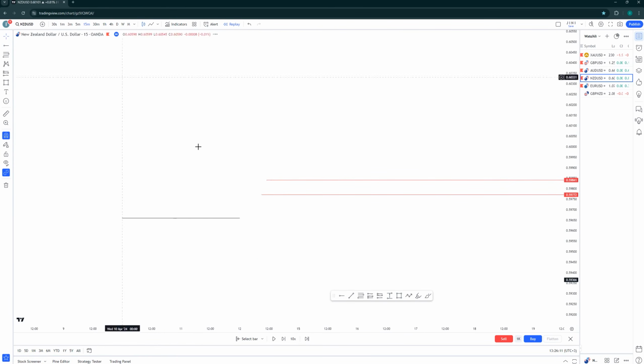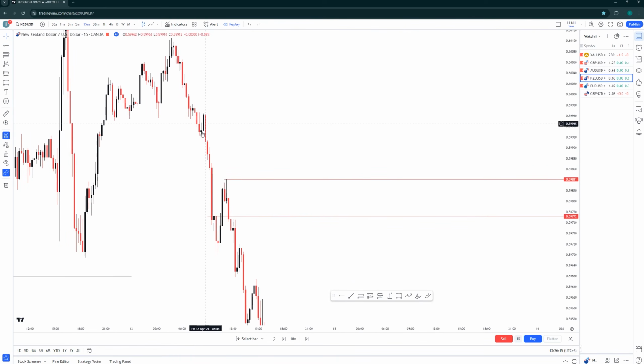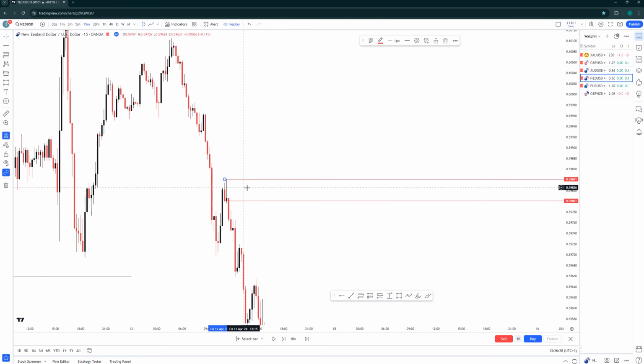Then let's go back to the 15 minutes. If you go back to the 15 minutes, you can see we had this structure here, but also we had this structure here. But I won't go to these structures up here, because I know this is the area that I have to consider to take my entries. So I just put my entry there.